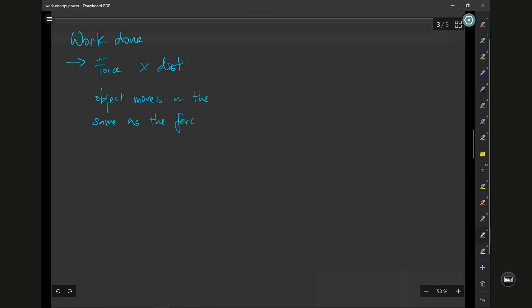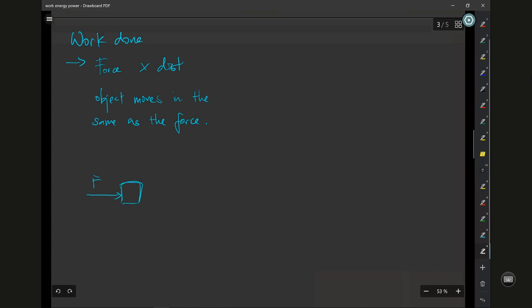So let me ask you, if I have a cube floating in mid-air, I'm exerting a force in this direction, and the cube should move in this direction as well. If this is the case, then yes, the force has done work on this cube.